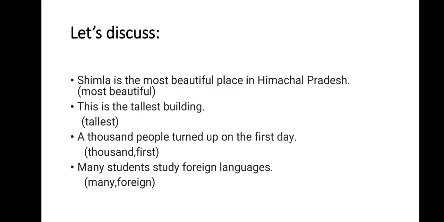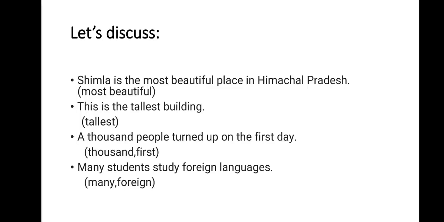And the last sentence: many students study foreign languages. Again, similar to the previous sentence, we have two nouns here, students and languages. What are the adjectives that describe these two nouns?